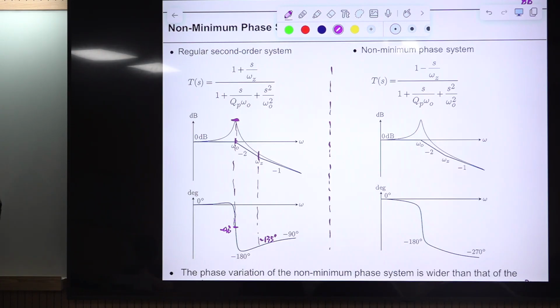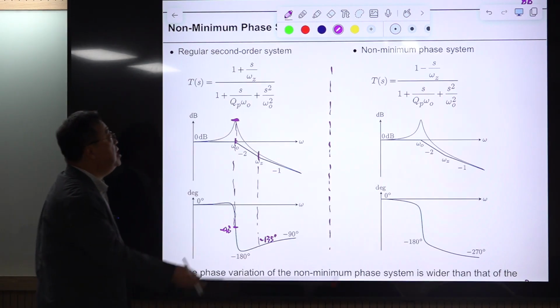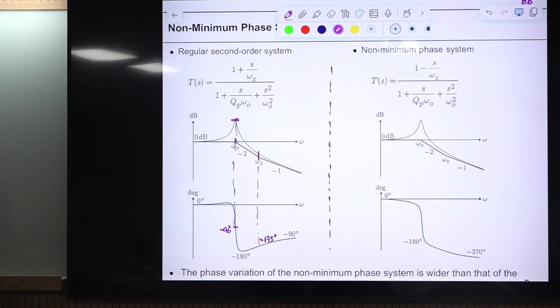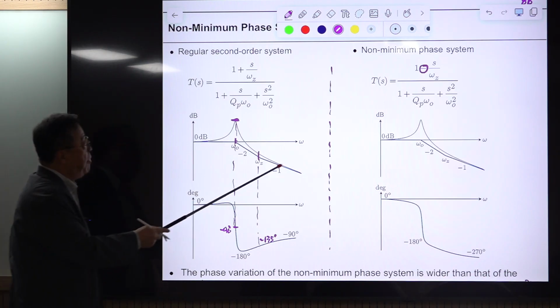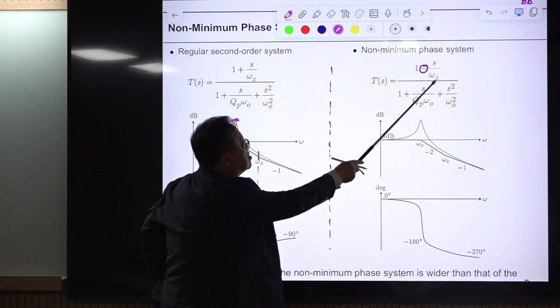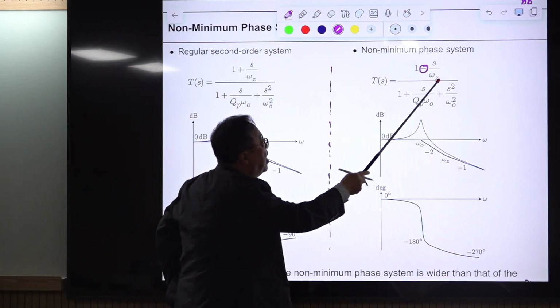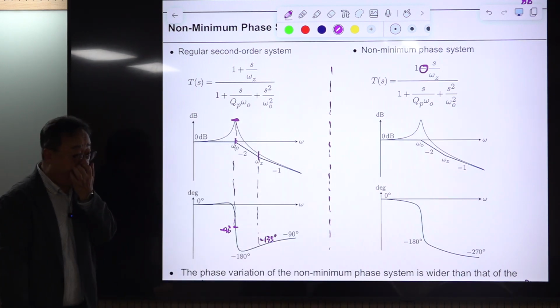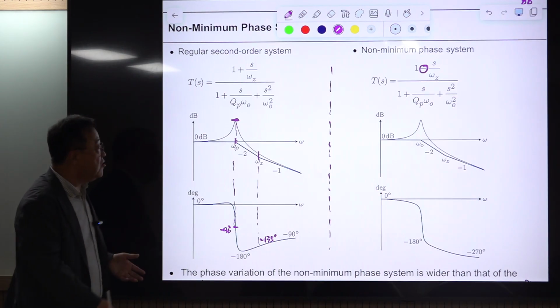Something like this. This is a regular system, and this is a non-minimum phase system. We have this. This is what? This is an RHP zero. So this is a magnitude sketch. Magnitude remains the same because this RHP zero is the same as the regular zero when magnitude only is considered. But phase is different.